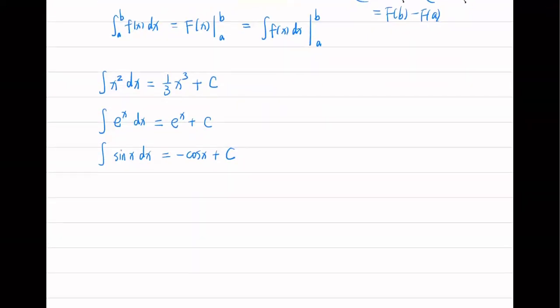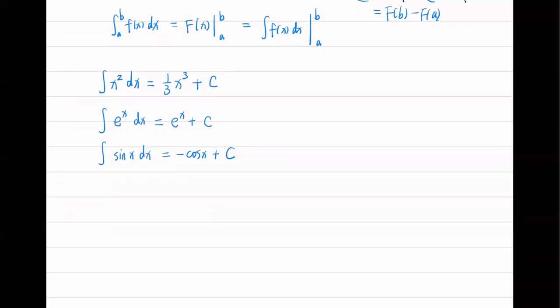Okay, so a formula for this is the linear property. If you have a linear combination a f(x) plus b g(x), then we do the indefinite integral. This is the same as the linear combination of the indefinite integrals.